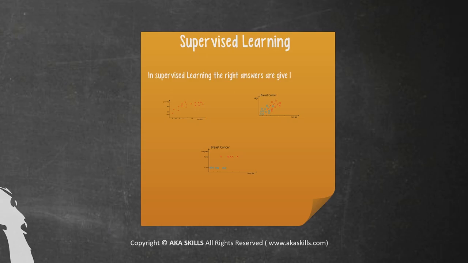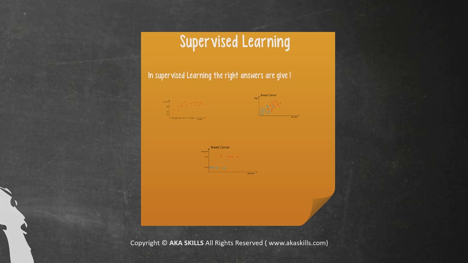So examples are x's and y's, like the input and the output of a function. So we are given a set of examples, and based on this set of examples, the machine learning algorithm is going to learn to predict the result of a new given x.